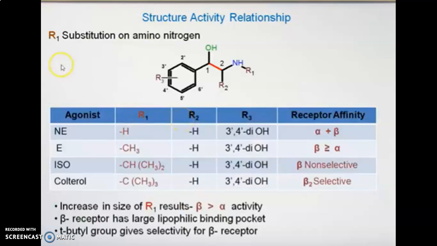Thus, the increase in the size of R1 results in beta selectivity as compared to alpha activity. Beta receptors have large lipophilic binding pockets. The tertiary butyl group gives selectivity towards beta receptors, that is, it is completely selective towards the beta-2 receptors.